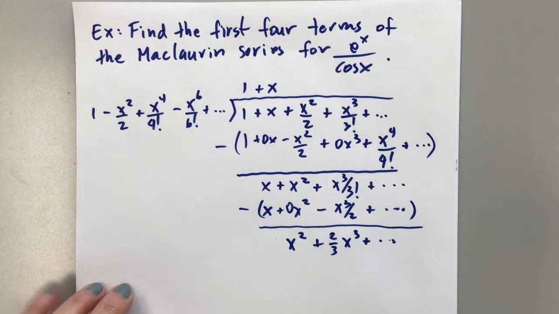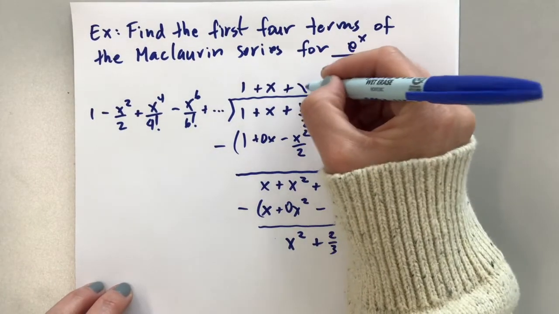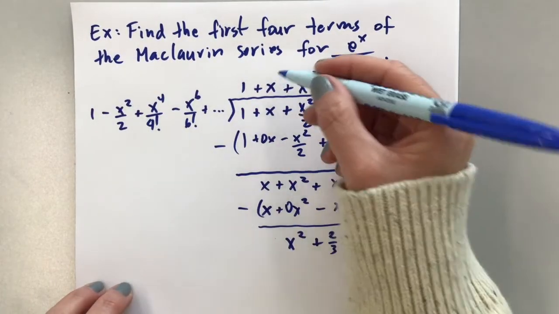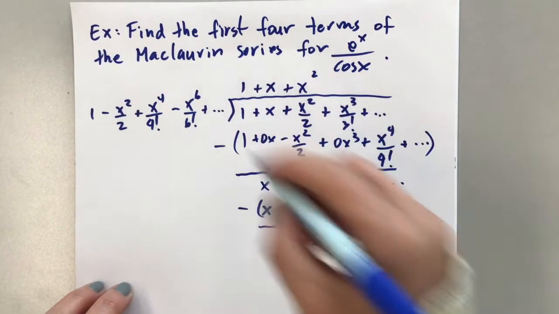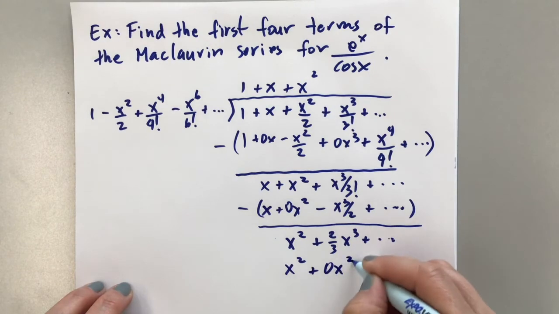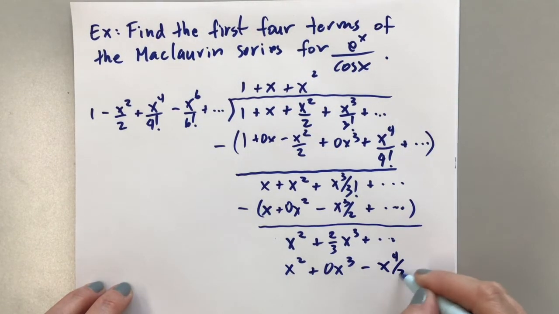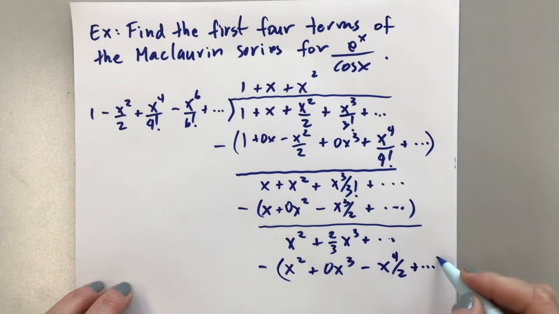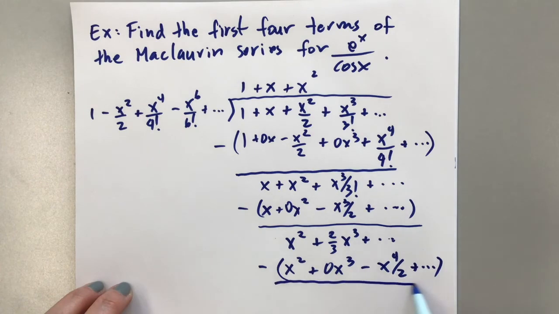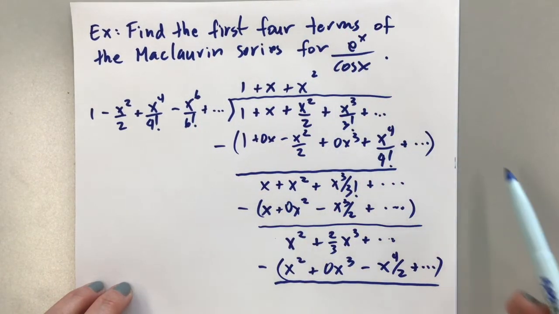So 1 times x squared is x squared. We multiply. Again, we only want the first 4 terms, so we don't have to carry it out too far at each step.